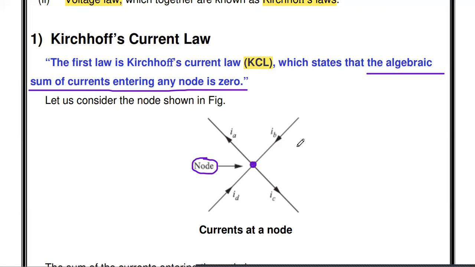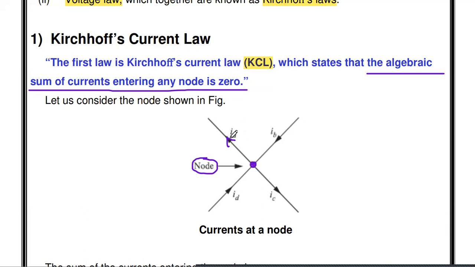What is incoming current, and what is outgoing current? You see this diagram, and here the currents are marked for the four branches. You see the current IA. IA is the current flowing through branch A, and similarly IB, IC, ID.